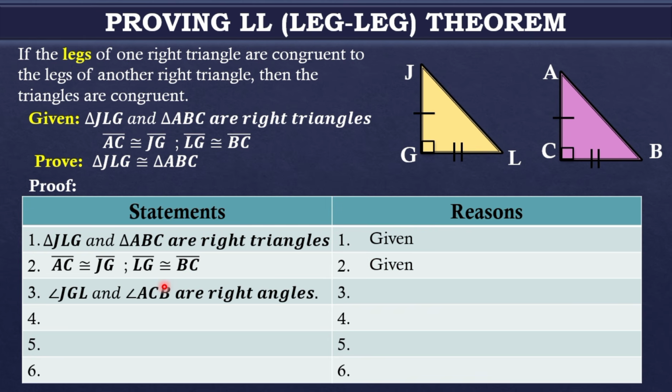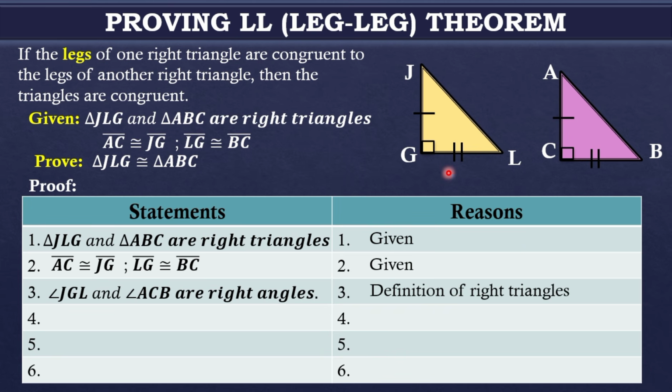For number 3, we have angle JGL and angle ACB are right angles. Why? Since based dito sa given mo, right triangles po sila. So therefore, kung right triangle sila, angle JGL and angle ACB are right angles. So, that is definition of right triangle.